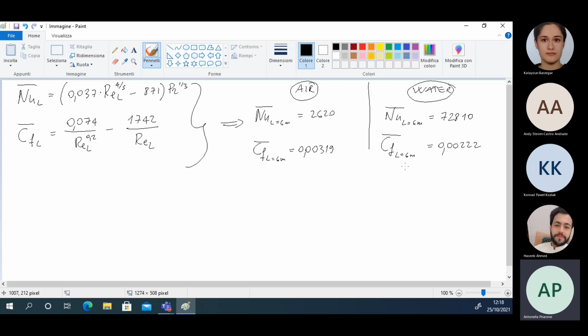Okay, the value of CF is smaller, but if I calculate the corresponding tau S, surface shear stress, it will be bigger.